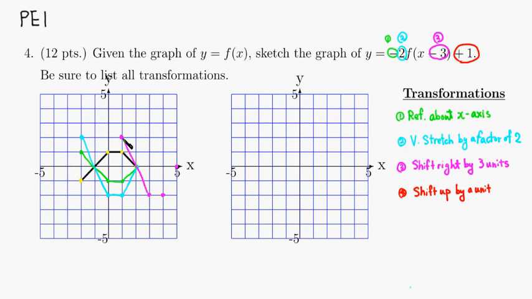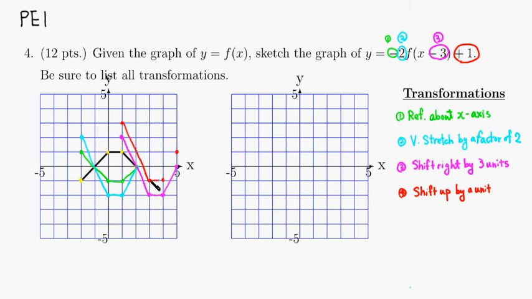So we have that, and that, and that. And the last one, shift up by a unit. This is easy. You just go up one. So go here, go up one, go here, up one, and up one. Then we can just connect them all together.